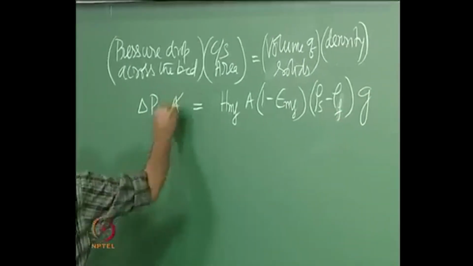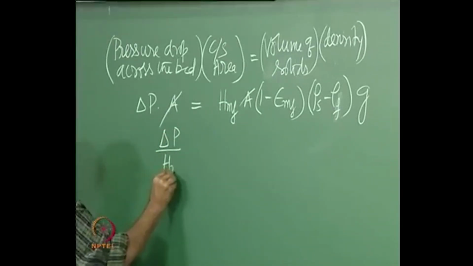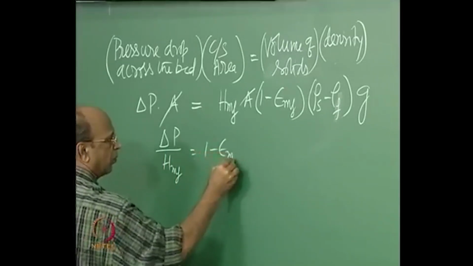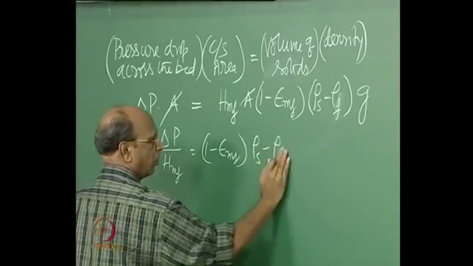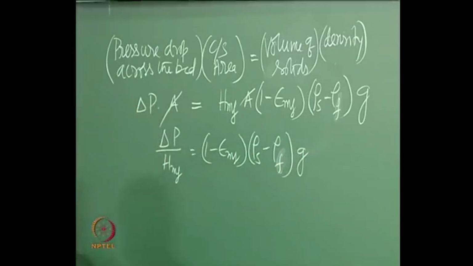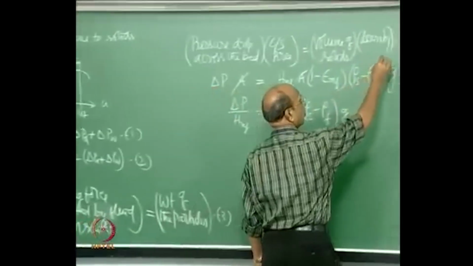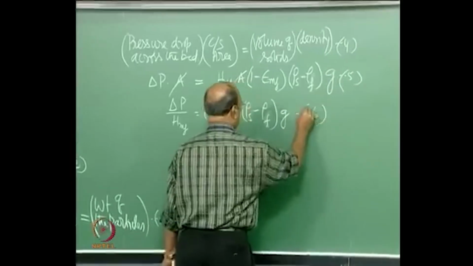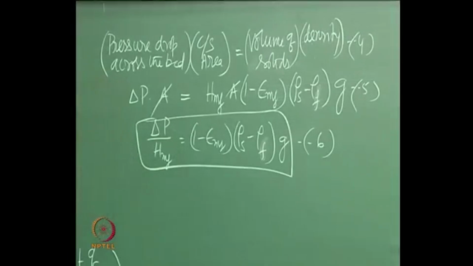It is very simple. Then we have delta P by HMF is 1 minus epsilon MF into rho s or rho f into g. This equation is called the fluidization equation.